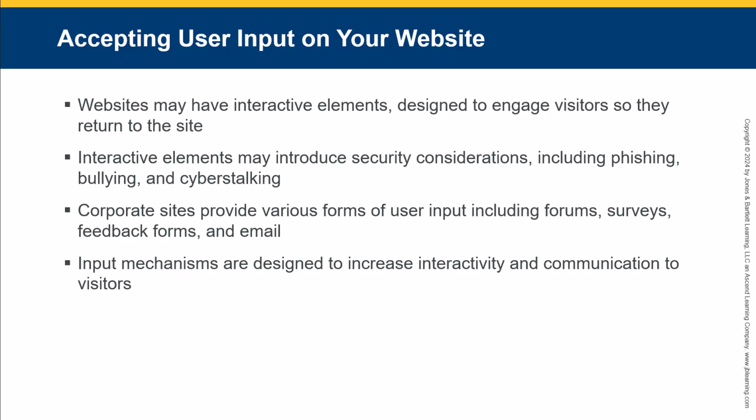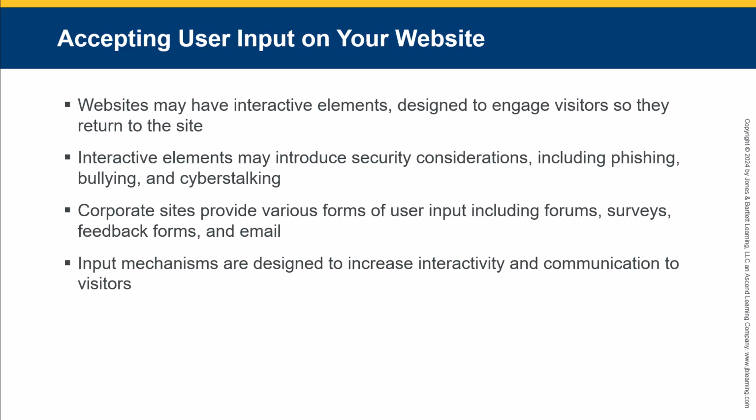So websites have an interactive element designed to engage visitors so they can come back to the site. It also helps them find the details that they need. So the interactive element may be introduced, again, security considerations: phishing, bullying, stalking, exploitive PII, and things like that.